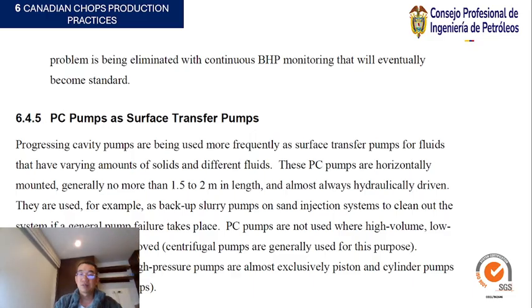These PC pumps are horizontally mounted, generally no more than 1.5 to 2 meters in length, and almost always hydraulically driven. They are used, for example, as backup slurry pumps on sand injection systems to clean out the system if a general pump failure takes place.